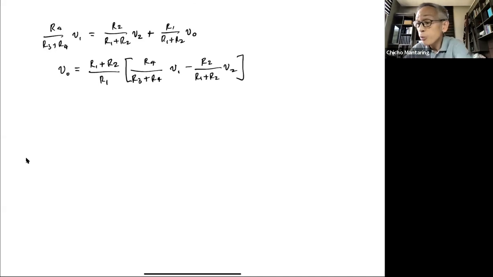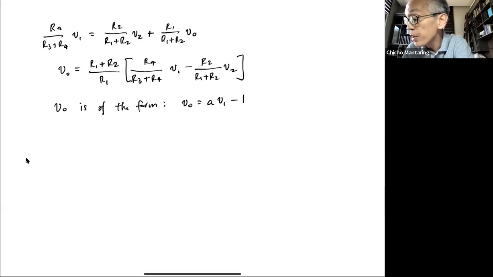Okay. So the output voltage is of the form V sub O is equal to A V1 minus B V2. Where A is this and B is this one multiplied by this one. In fact, we can write it out.